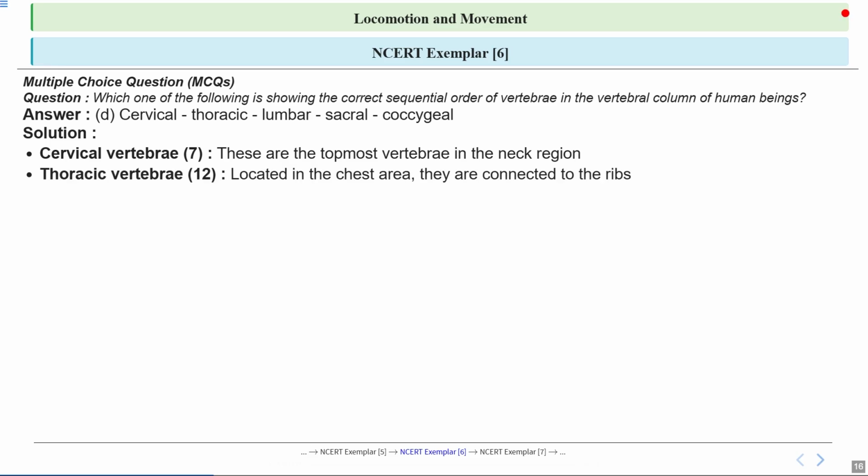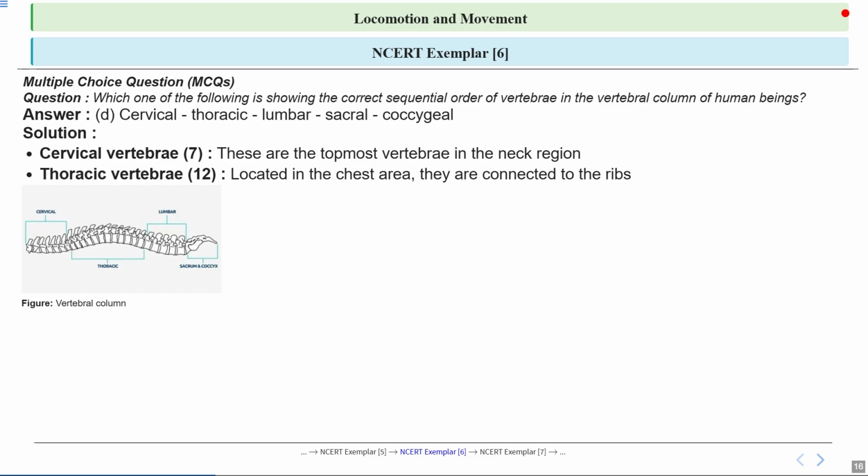The next point is, thoracic vertebrae are the 12 bones in the upper part of the spine located in the chest area, and they are connected to the ribs, which helps protect the organs inside the chest and allows for breathing movements. So you can see this picture which is showing the vertebral column and different regions of it.